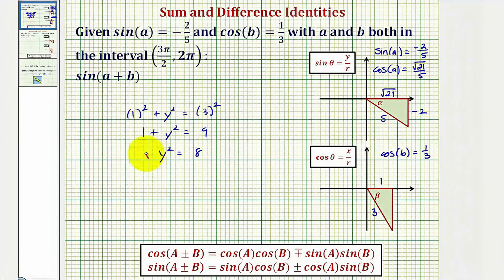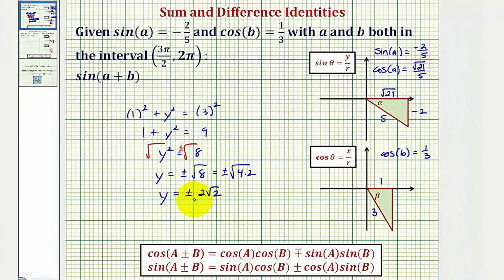Taking the square root of both sides, we have y equals plus or minus the square root of 8, but this does simplify since 8 is equal to 4 times 2, and the square root of 4 is 2. We have y equals plus or minus 2 square root 2.